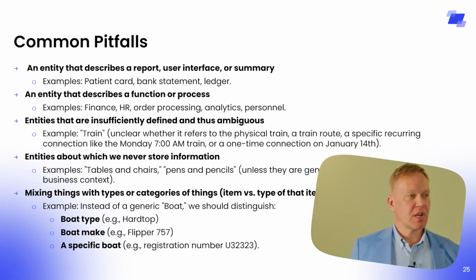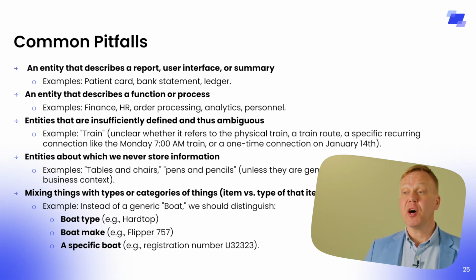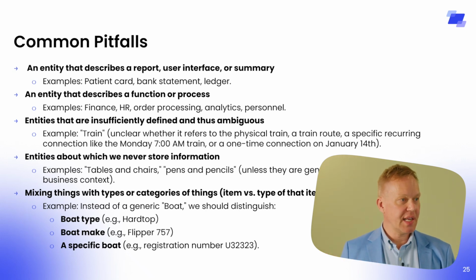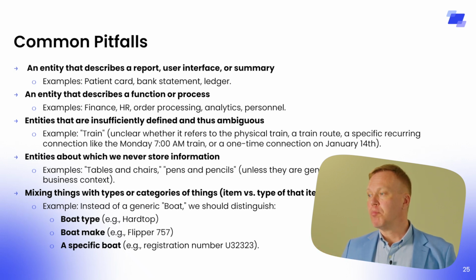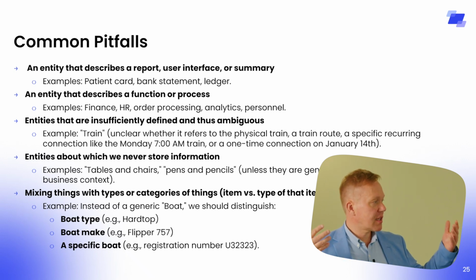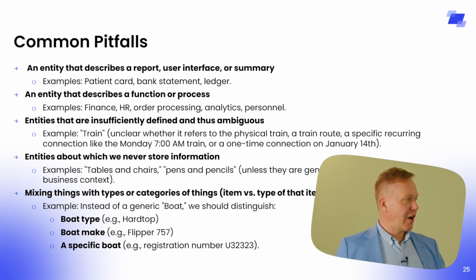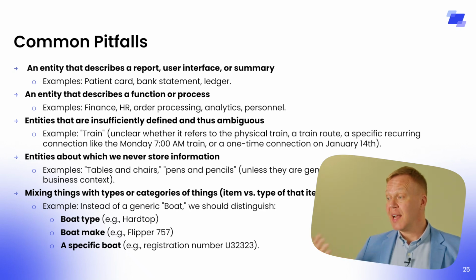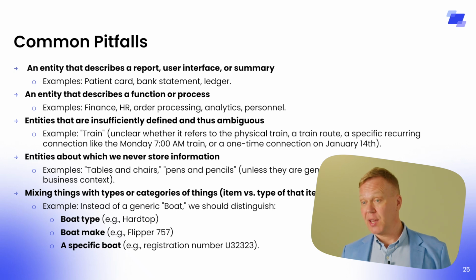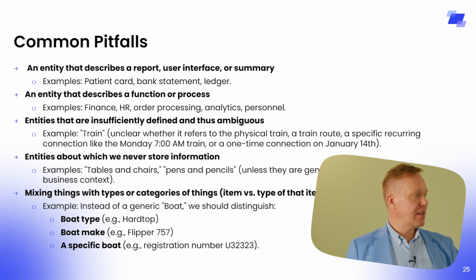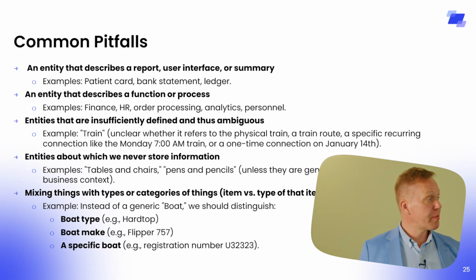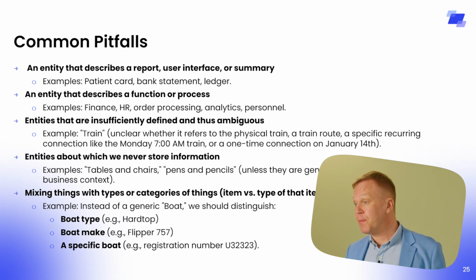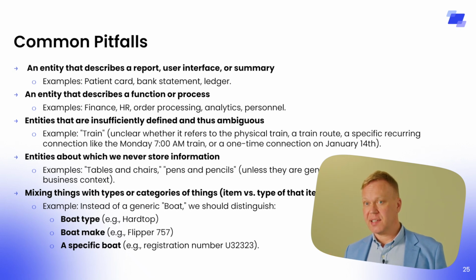Conceptual data modeling is so intuitive. It is about concepts and how they are related. If you are modeling your business, it consists of functions, processes, systems, and so on. And everything is basically related to these things. Lots of things related to finance, HR, order processing, analytics, personnel. I already covered this with analytics.